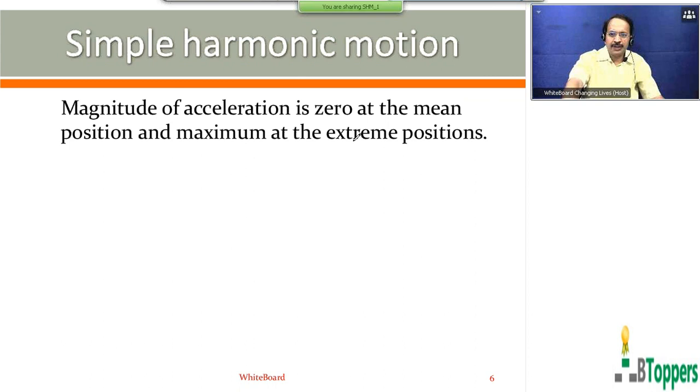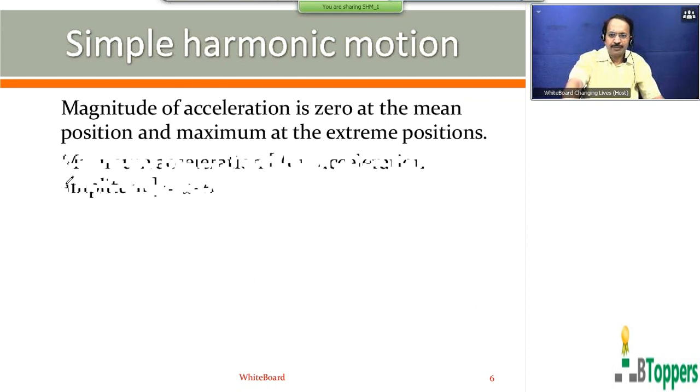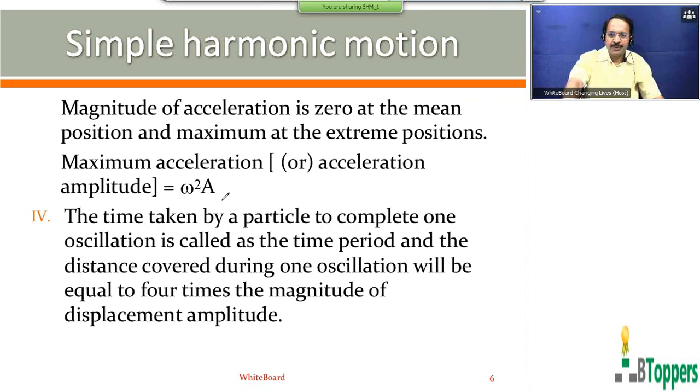Acceleration is 0 at the mean position and maximum at the extreme positions. Maximum acceleration or acceleration amplitude is equal to omega square into A. The time taken by the particle to complete one oscillation is called the time period.